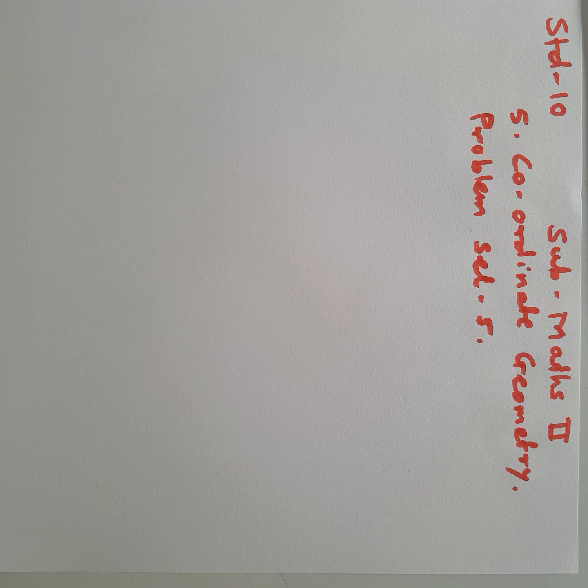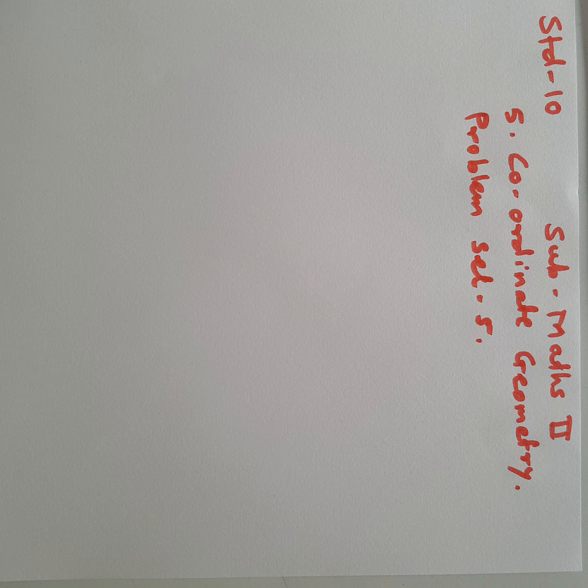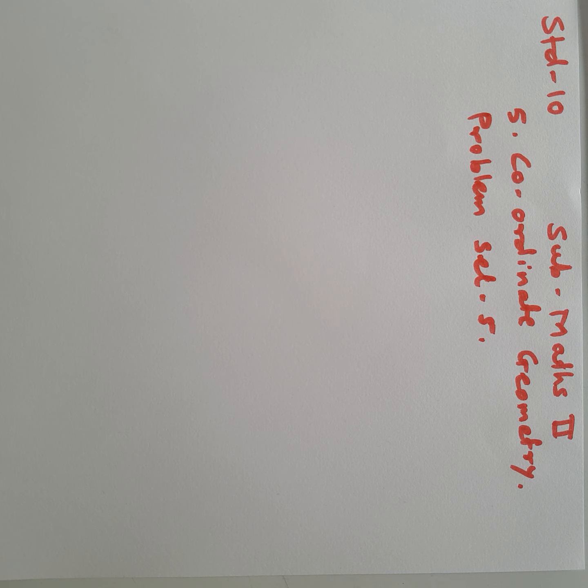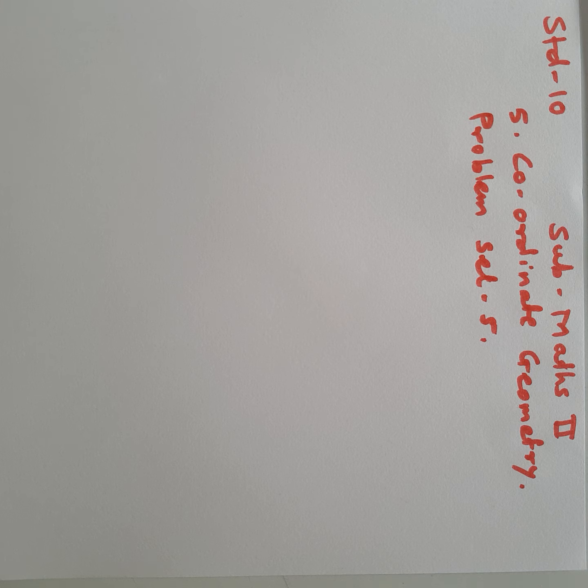Hello students, up to last lecture we have solved examples from problem set up to example number 13. We have solved examples in this chapter, coordinate geometry, by using distance formula, section formula, midpoint formula and centroid formula also.